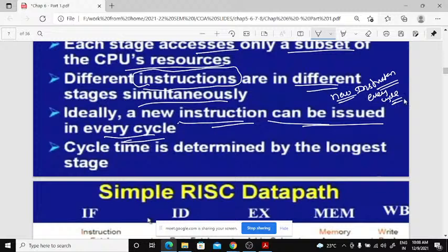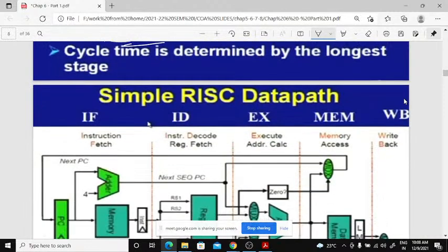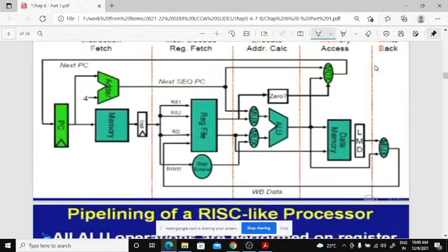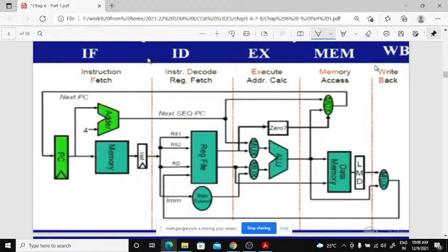The cycle time is determined by the longest stage, where the cycle time means the maximum time it is taking. This is the diagram for how you have to represent the pipelining in the examination. This is called a 5-stage pipeline diagram.